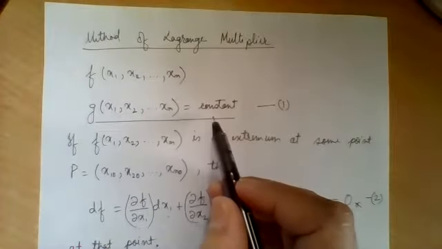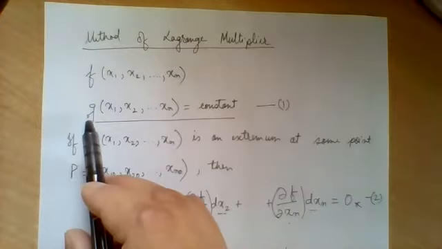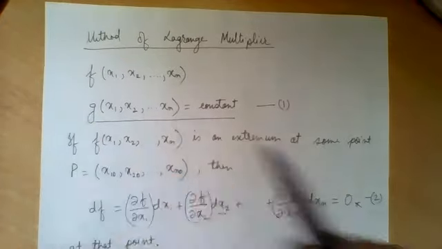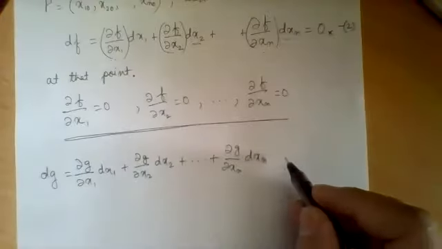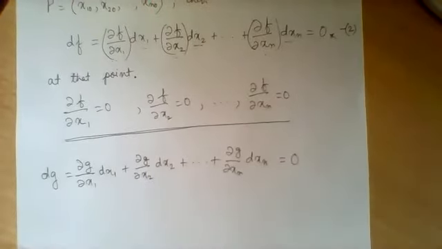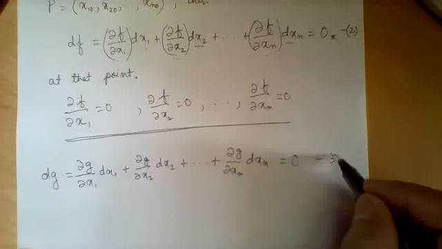Since the right hand side is a constant, the total differential of this should be equal to 0. Let us call this equation number 3.